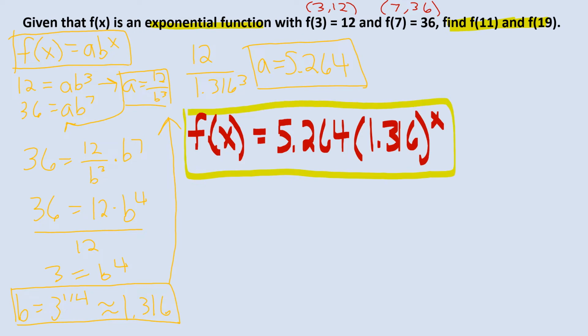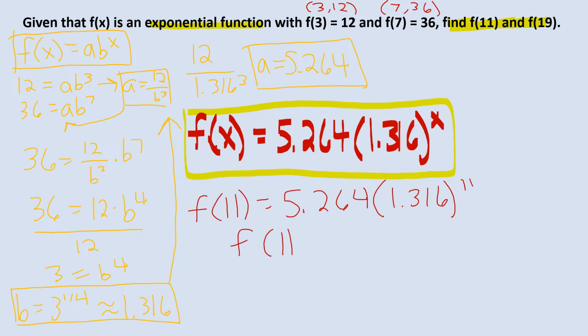And now we are going to plug in 11 and 19. So we have f of 11 equals 5.264 times 1.316 to the 11th power. And this is going to give us an answer of 107.927.